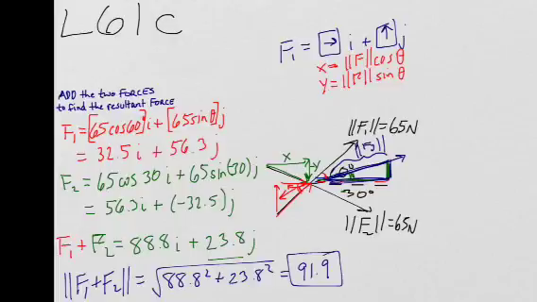Notice that the 91.9 is not the sum of 65 plus 65. And that's because the force in the new direction has been muted, right? The part that was going to the right was increased because we added those two together.